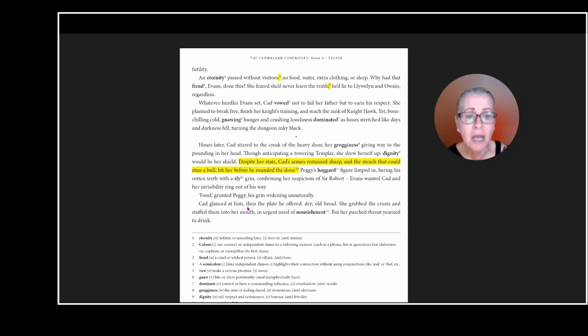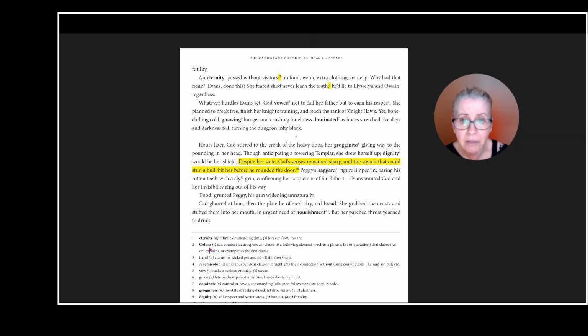So here we're on book four of the Cadwaladr Chronicles, Escape. You can see the page layout here. Some of the words on the page are in bold and they have a number by them with a corresponding footnote. So here we have eternity, number one, and then eternity, which is a noun as it appears in the story, is defined here.